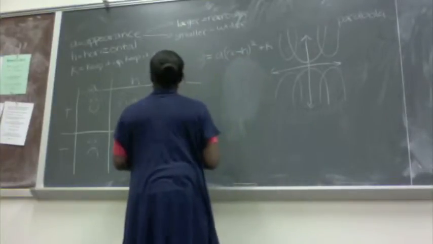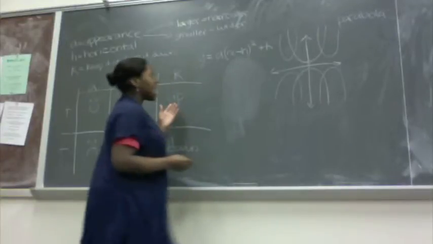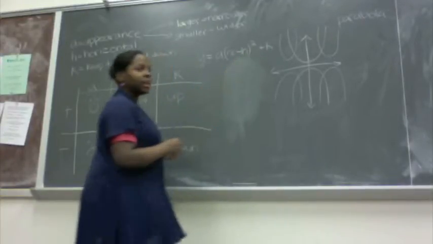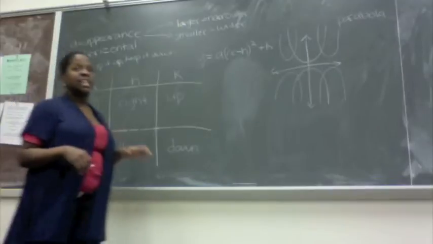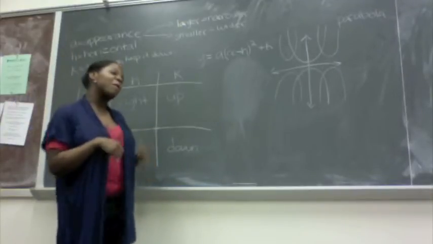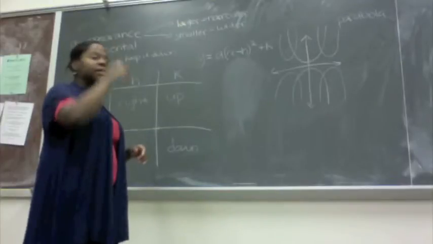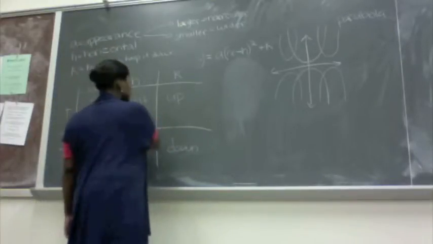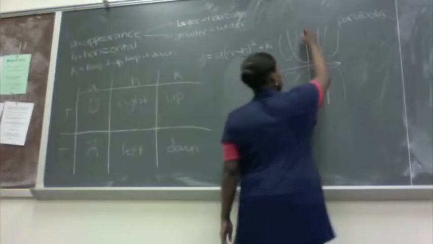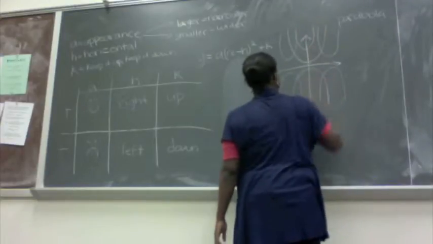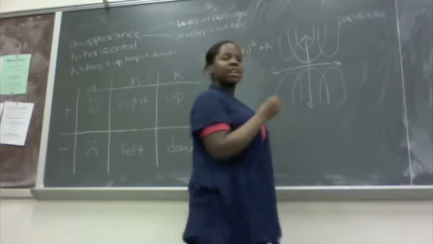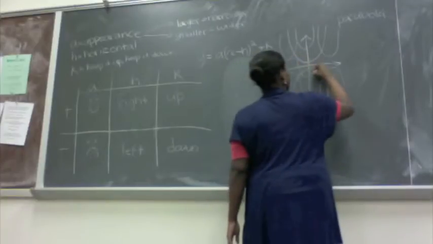Okay. And the next part, the last part, is k, which as you see is right there. So k stands for keep it up or keep it down. So meaning that it moves the parabola up and down. So if k is positive, the parabola would move this way. If k is negative, it would move down this way.